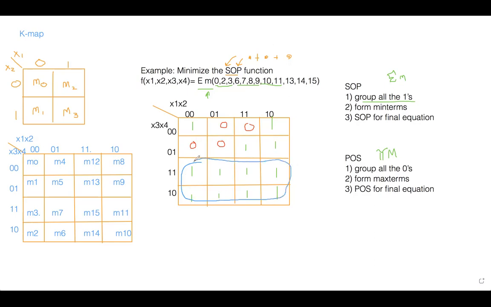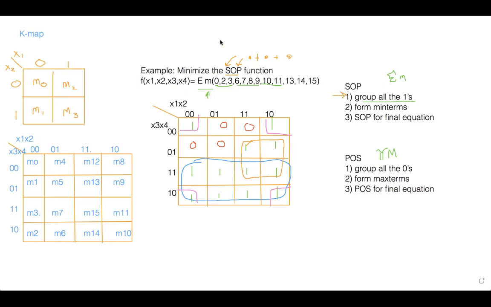And then our next group, we're probably going to have to do 4. And what I see right here is in the corners, there's a group of 4. And then my next group of 4 is right in here. So there's our 3 groupings, and we group all the ones together.